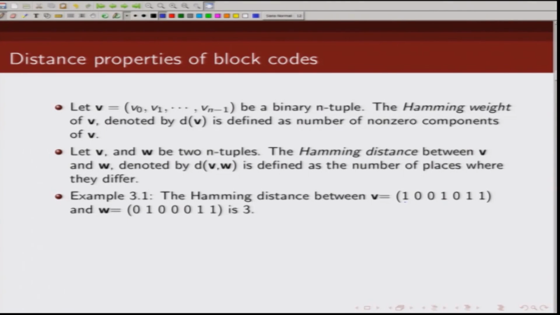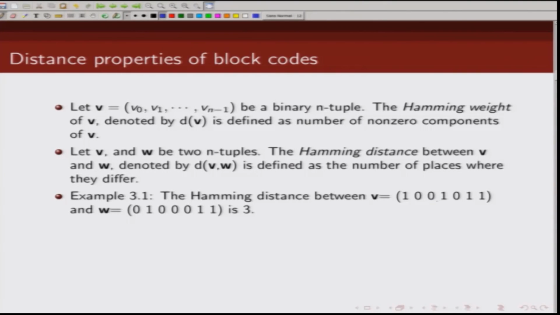Let us look at the first location. This is 1 and this is 0, so they are differing in the first location. So, that is 1. Similarly, the second location, this is 0, this is 1, so they are differing. So, now the Hamming distance is 2.